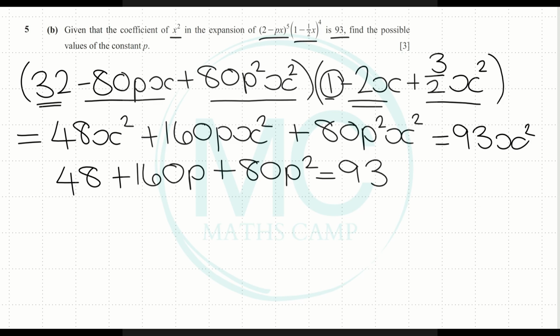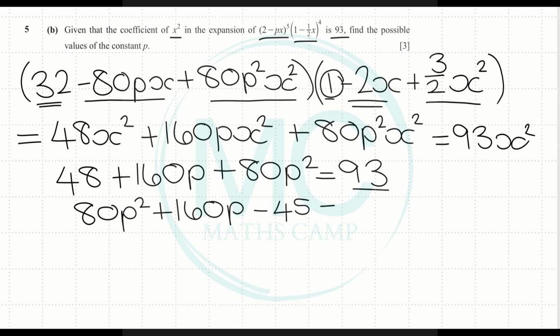And now we have a quadratic that we can use to solve for p. So let's rewrite this in descending exponents. We have 80p squared plus 160p. Let's move 93 to the left. 48 minus 93 gives us negative 45. We can make this equal to 0.